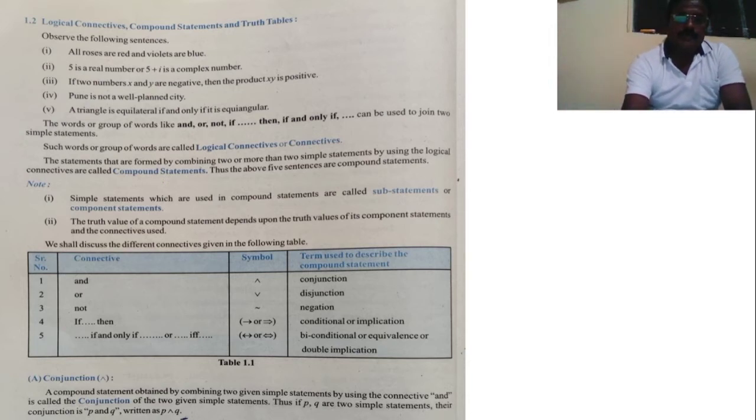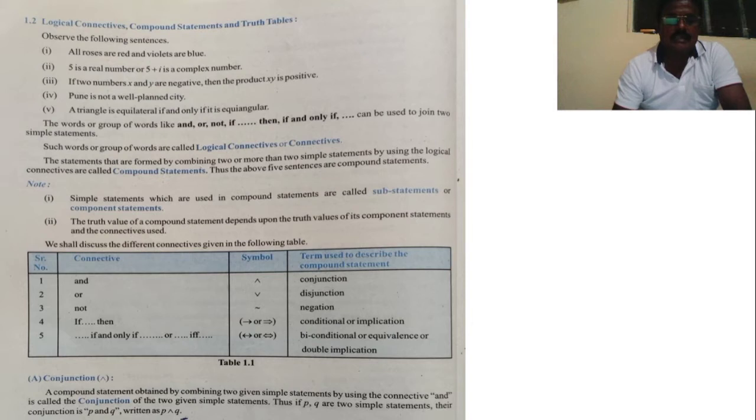Thus, if P, Q are two simple statements, then the conjunction is P and Q. This can be written in logic as P and Q.